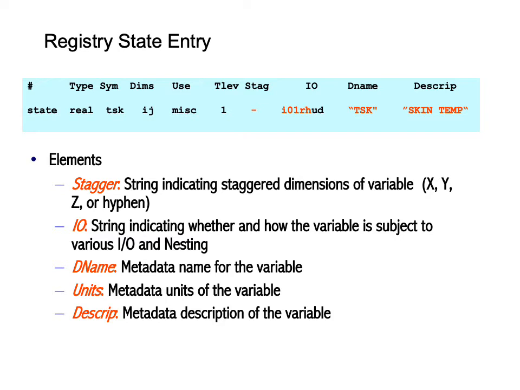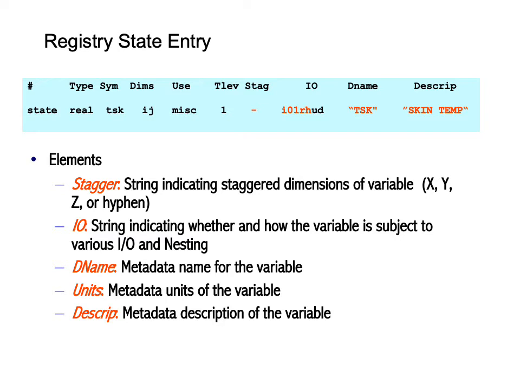The next three are dname, units, and description. Dname is the name of the variable as it is put in the netcdf file. This name is used inside of the real and WRF model to read in data and write out data. Units and description are also provided, but those are not utilized by the model.